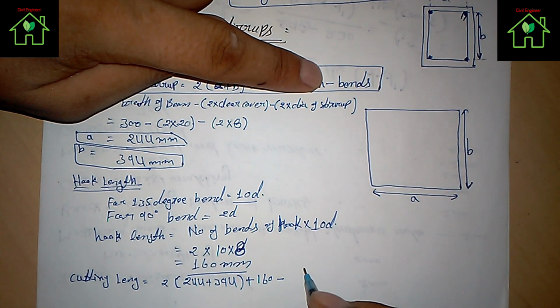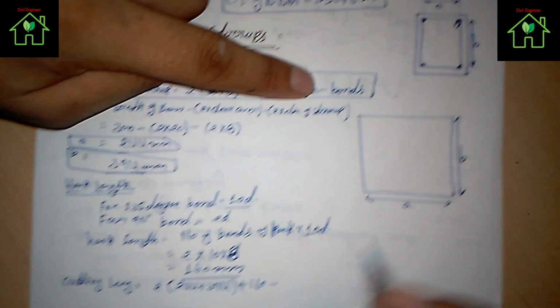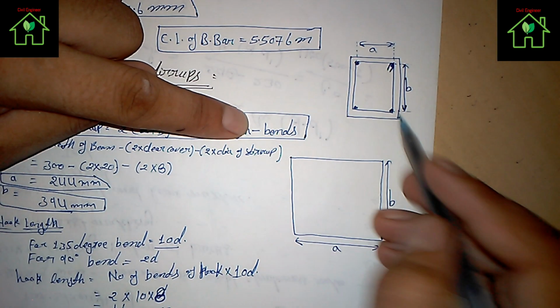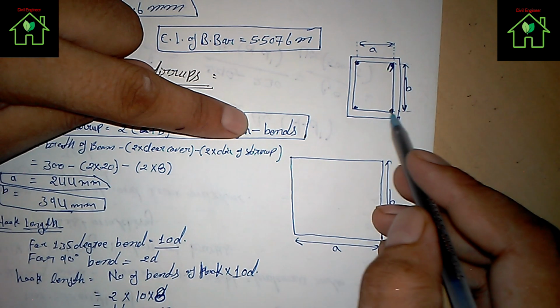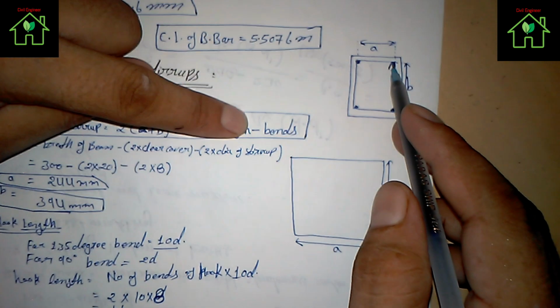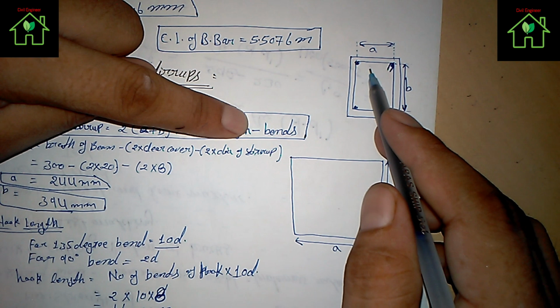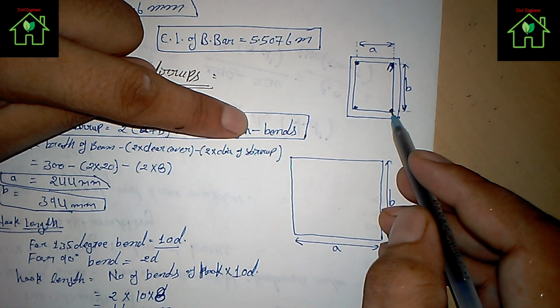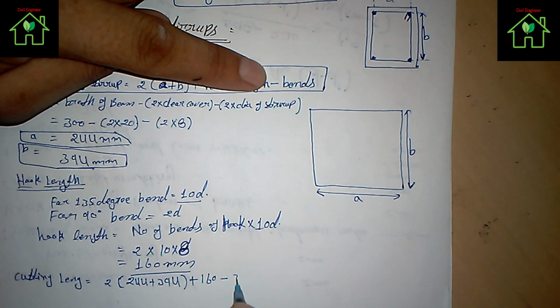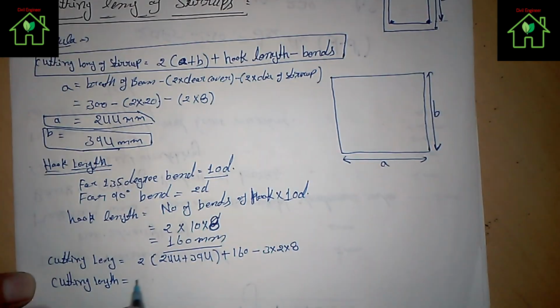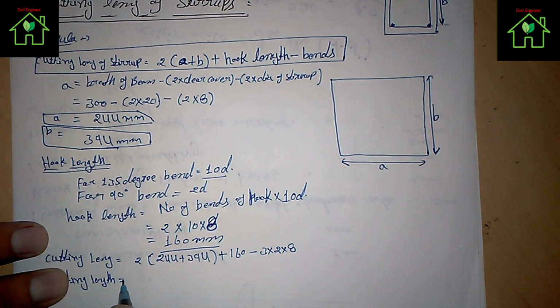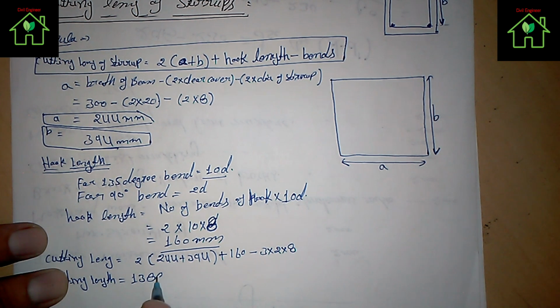How many bends are we providing? 3 bends: 1, 2 and 3. Because we are taking a 90-degree bend and this value we have already taken, in this problem we will take 3 bends. 3 into 2d into 8. We have to find the value: 1388 mm.